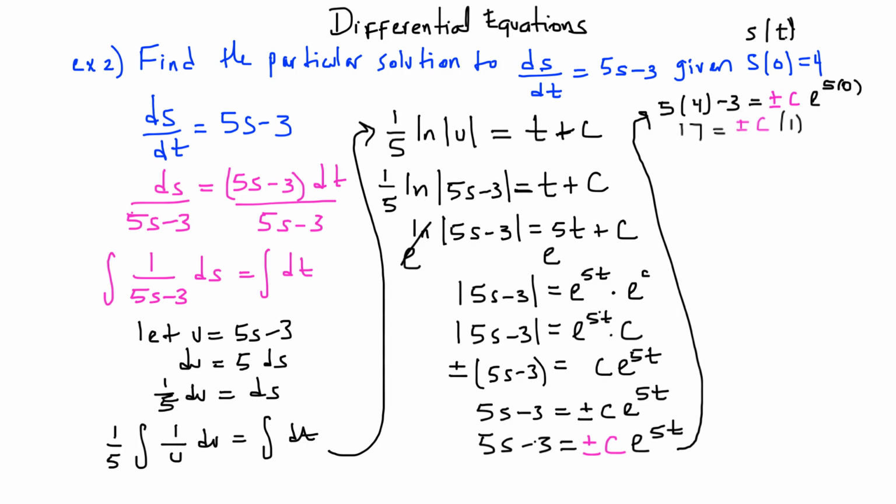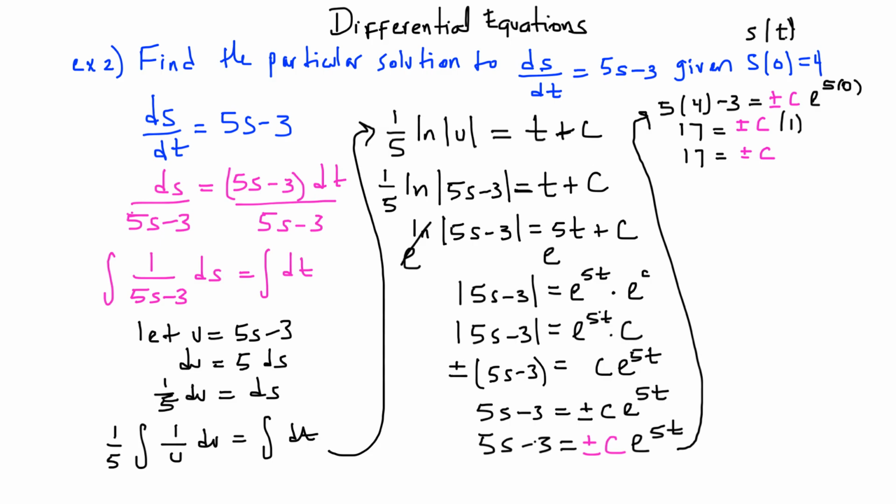So then you have that 17 is equal to plus or minus c times 1, or just plus or minus c. Now again, I'm looking at plus or minus c as one whole thing, because many students want to come here and divide both sides by plus or minus, and then they get that c is equal to plus or minus 17, and that's just confusing.